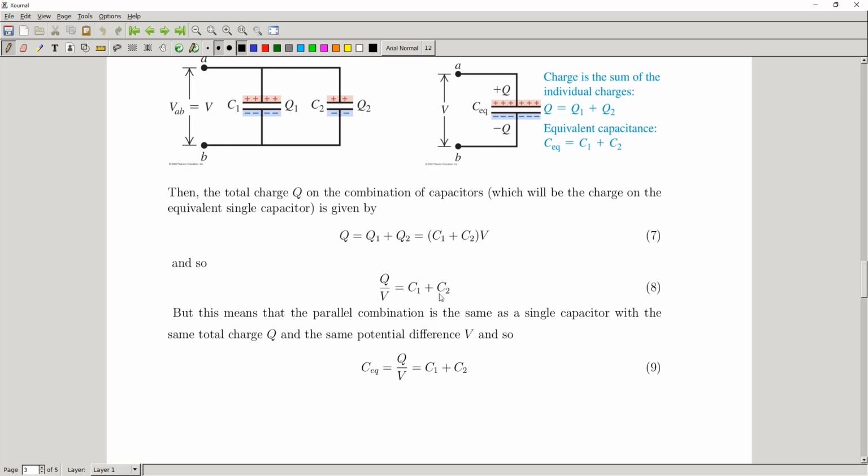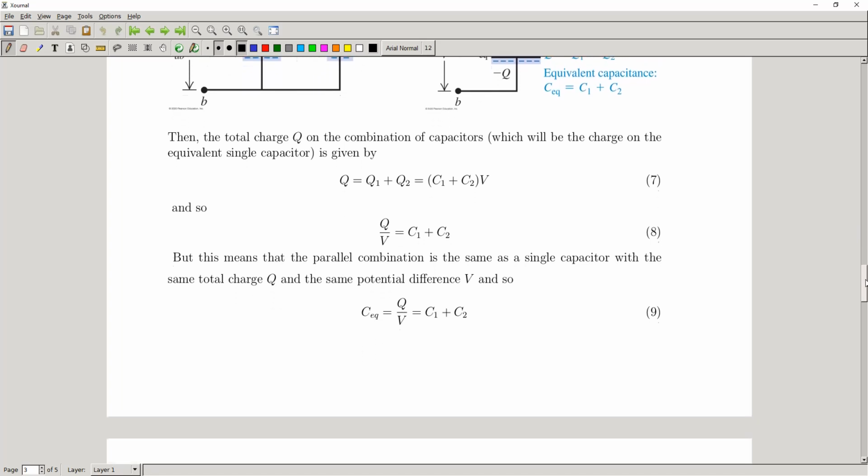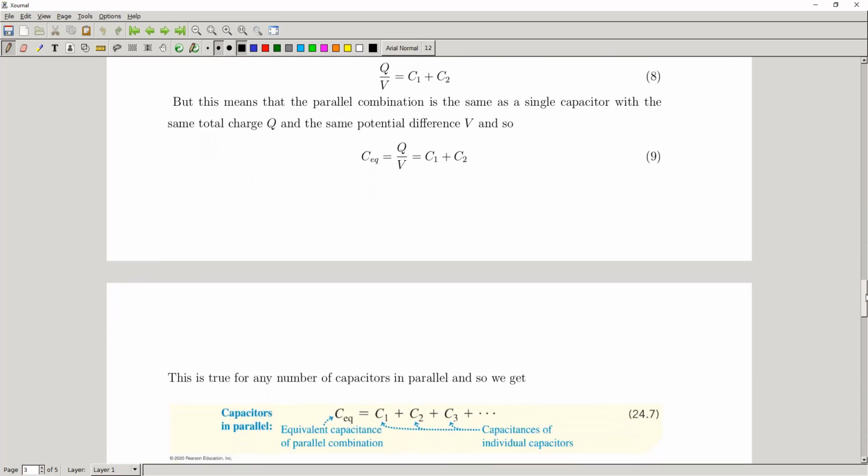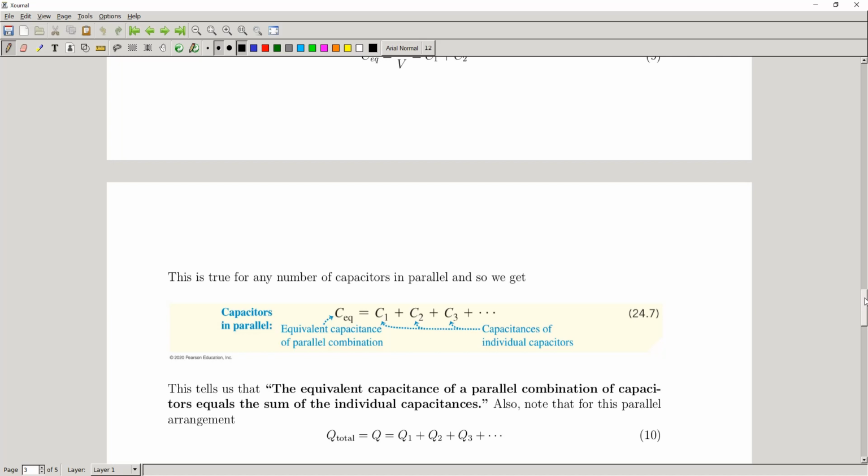Okay. So again, using equation 24.2 from the last video, we can see that this combination is just equal to our CEQ here, and this leads us to our second important relationship between capacitances, but this time it's for capacitors in parallel.